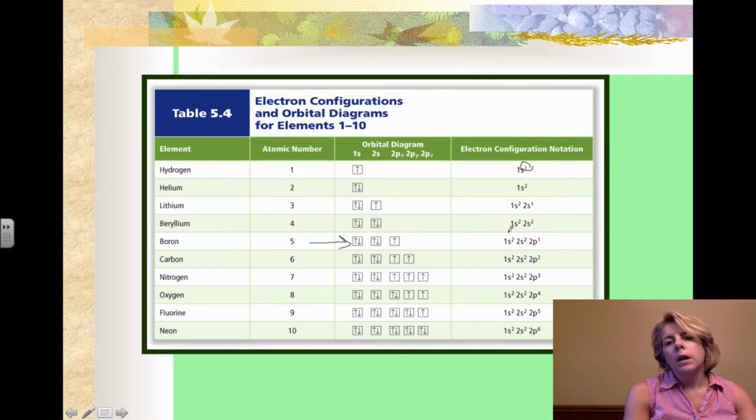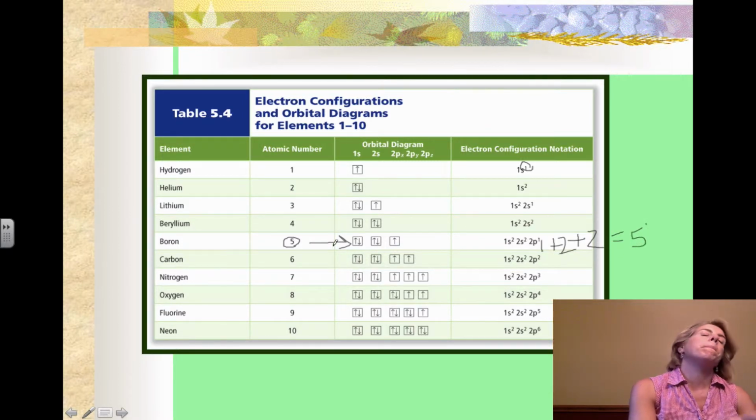And if you notice, there's an atomic number of 5 here. If you went across and added up all of these superscripts, it essentially would be 2 plus 2 plus 1 equals 5. So the superscripts should add up to the same number as the atomic number. If it doesn't, something's wrong.